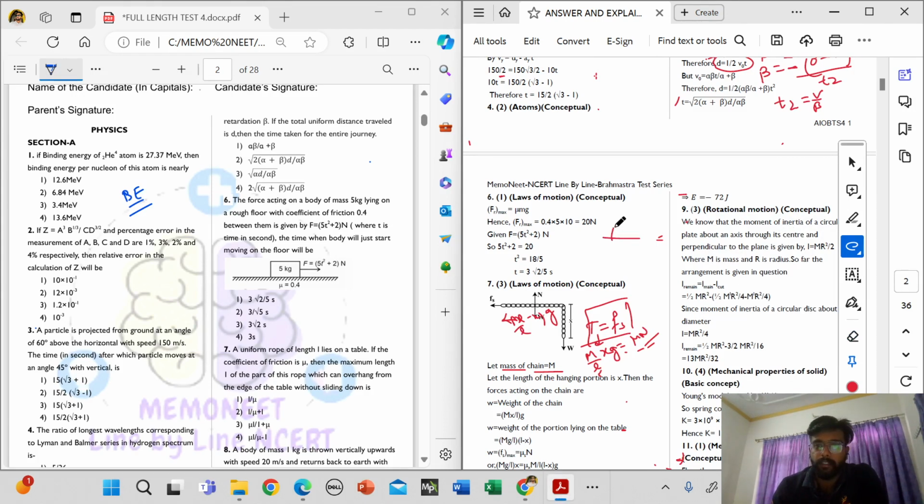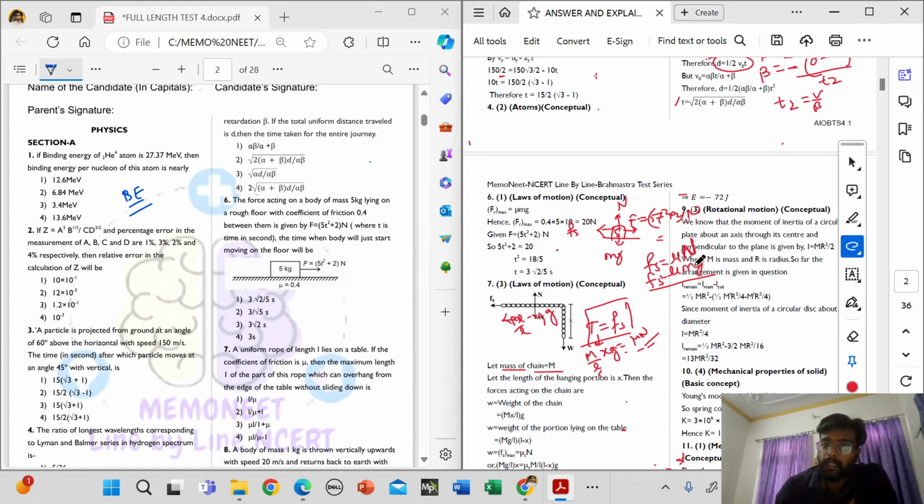So this 5 kg body experiences the force F equals 5t square plus 2 Newton. There will be an mg force, there will be a normal force acting in the upward direction, and the friction force will be in the opposite direction. The friction force will have the value mu N, where N is the normal force, so mu mg.